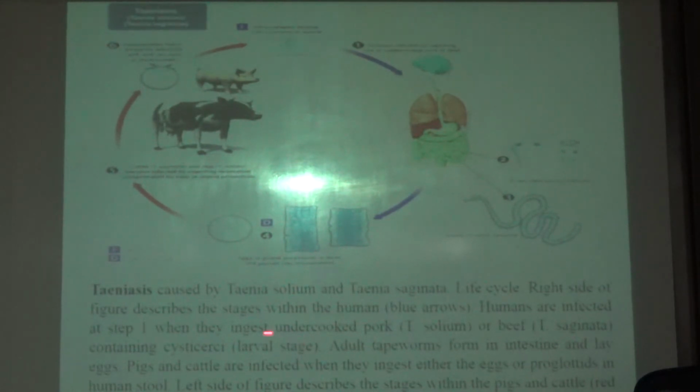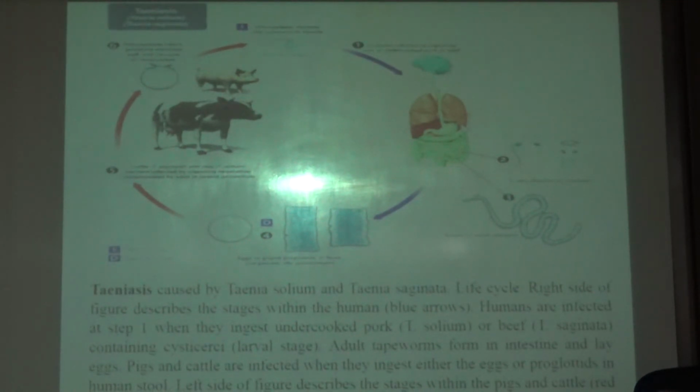Then what happens? These pigs and cattle are infected when they ingest either the eggs or proglottids in human stool. You know, a pig can eat stool also. They can get it from grass or water which is contaminated with human stool.